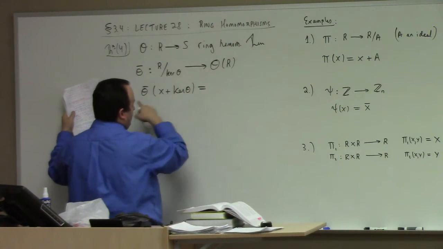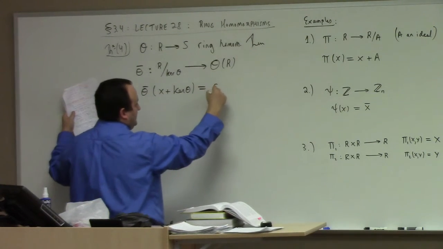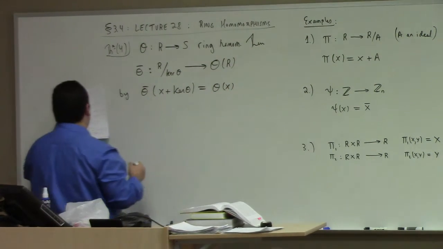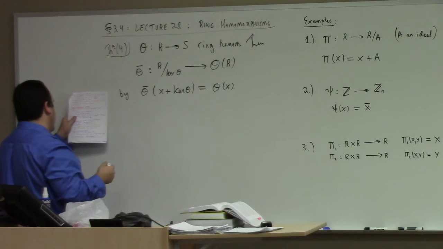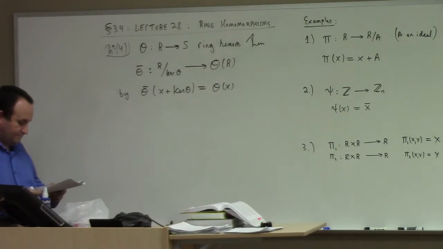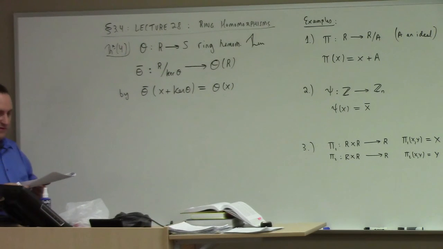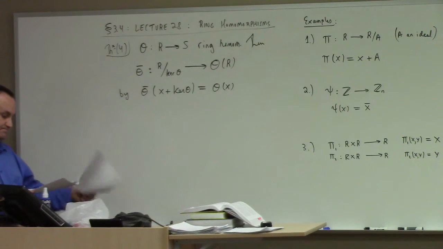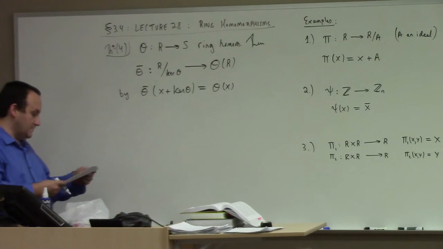In other words, theta bar of x plus kernel theta is just equal to theta of x. This gives a ring isomorphism, right? And the theorem right before it told us that the image and the kernel of a ring homomorphism are also ideals.